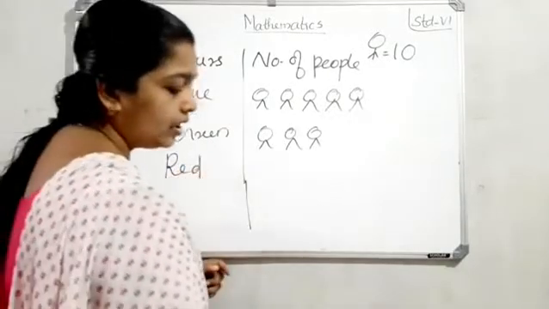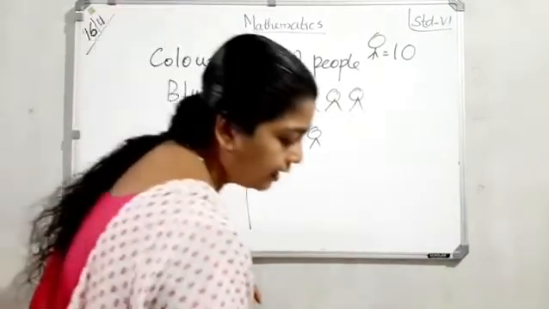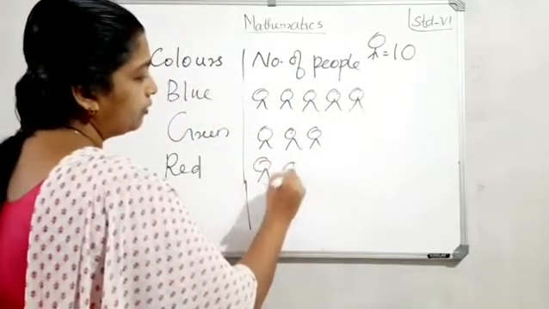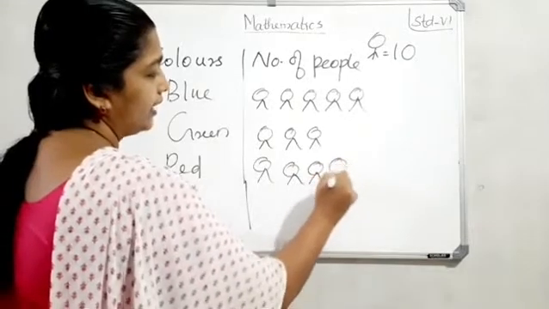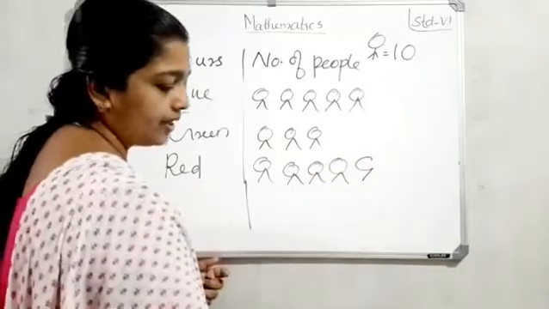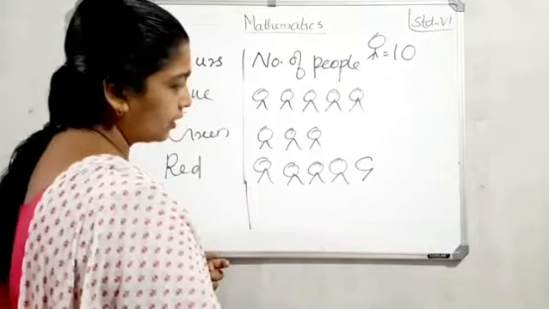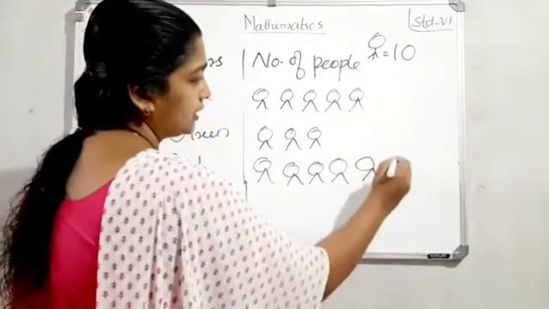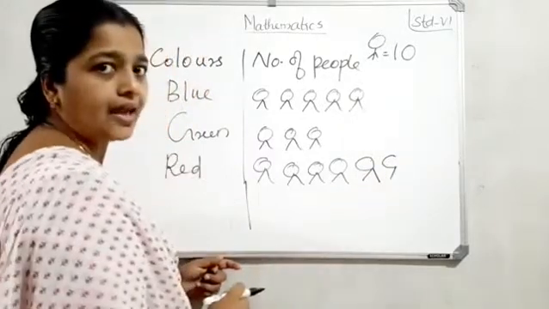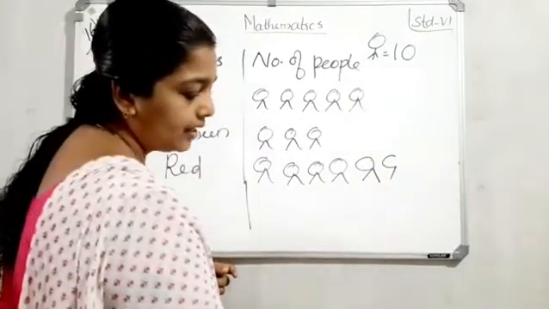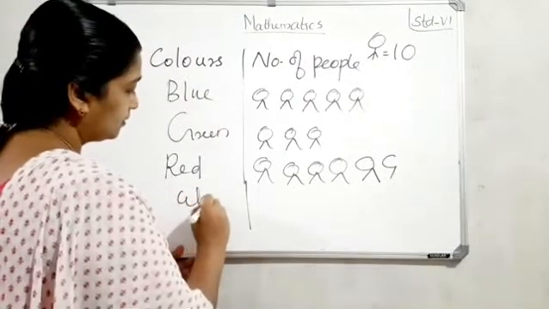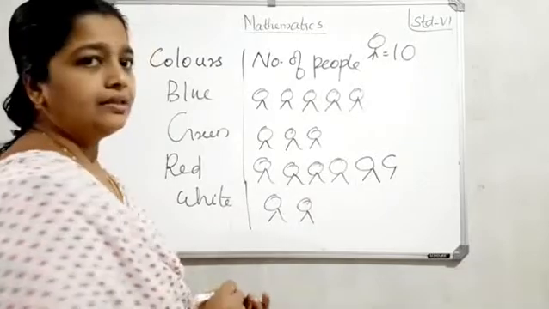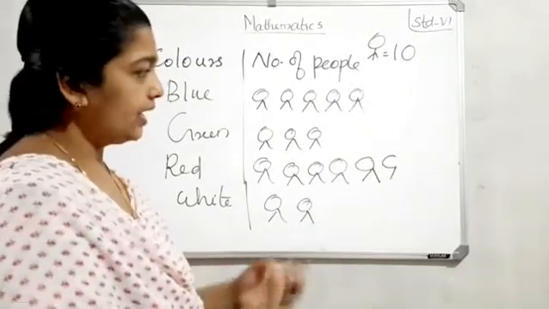Listen here: 4 full pictures and 1 half. Last... sorry, for red, 5 full pictures and 1 half. Next, the last, white: 2 full pictures. Understand? Clear? Then we can write the answer.